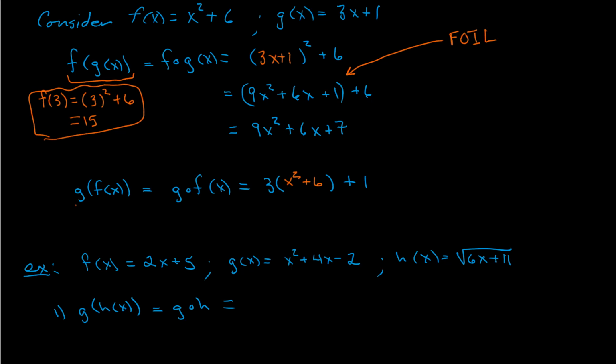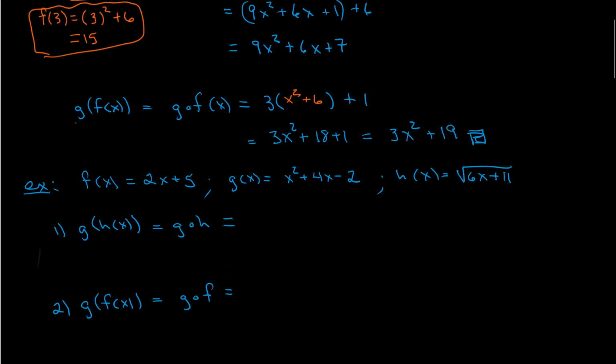At this point, all I'm going to do is simplify things. First, I'm going to distribute and have this 3x squared. And then the 3 times 6 is 18 plus 1. Combining like terms will give me 3x squared plus 19. Okay, so there's the final solution for that one.